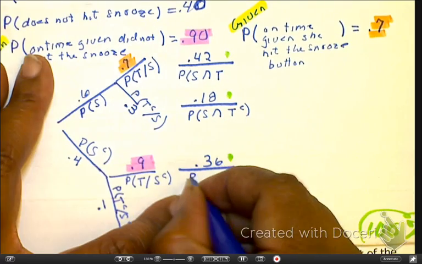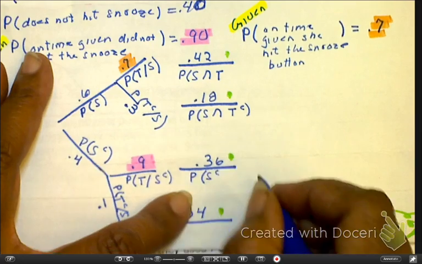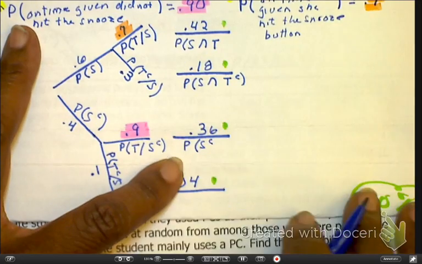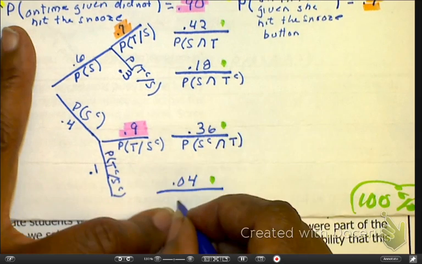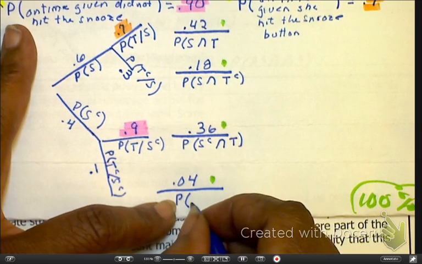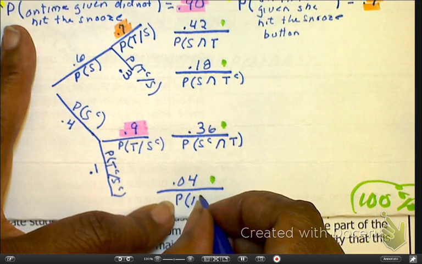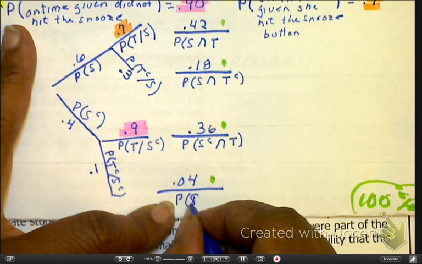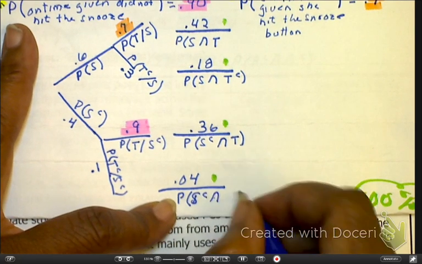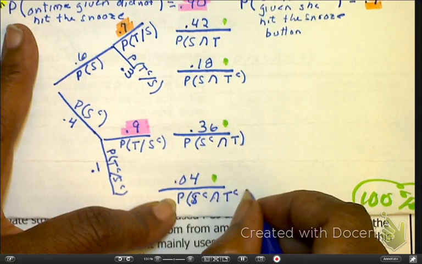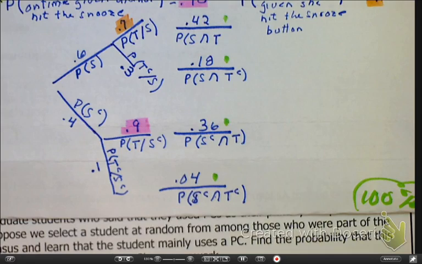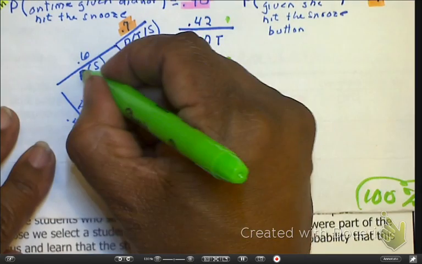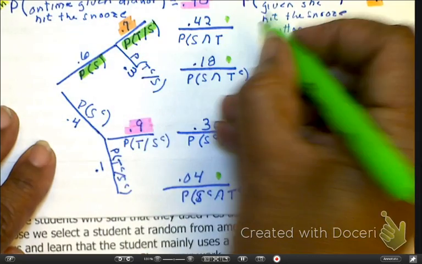This is the probability of did not hit the snooze button and made it on time. This is the probability of not hitting the snooze and not making it on time. And please remember, this times that gives you that.